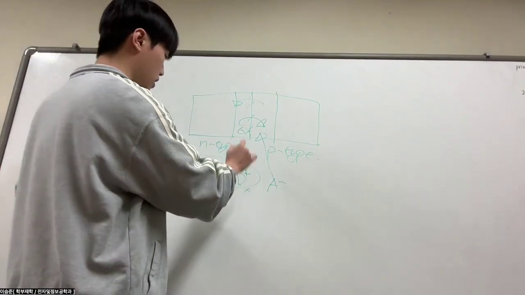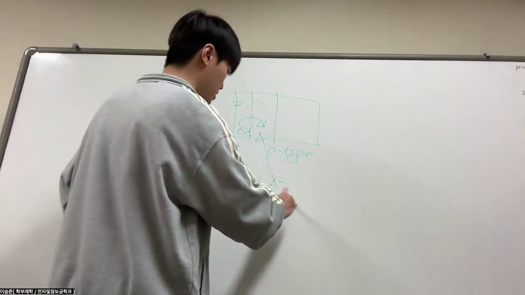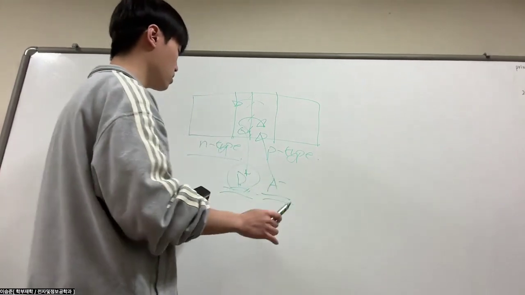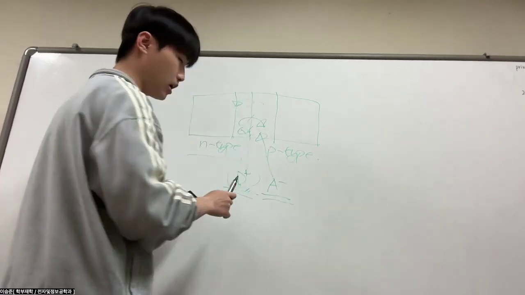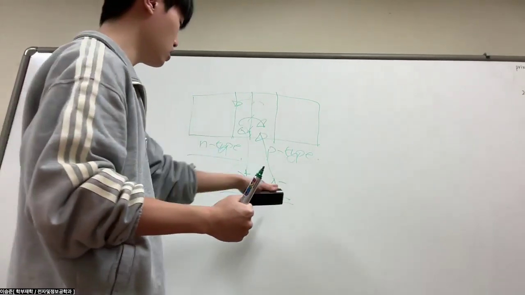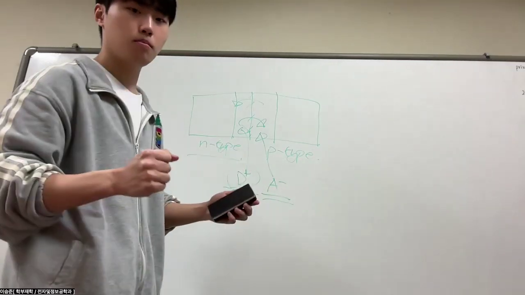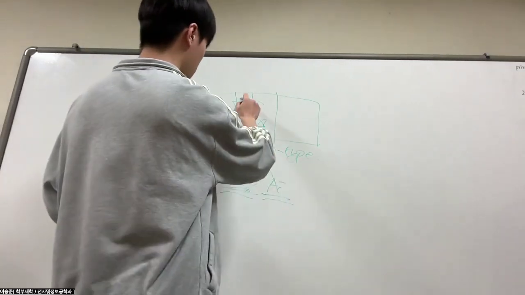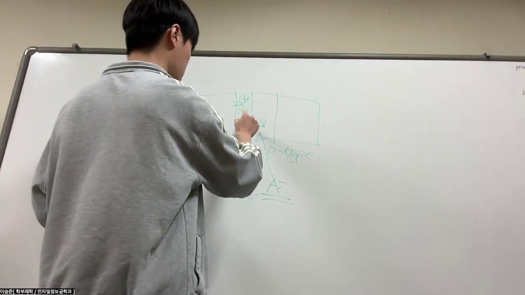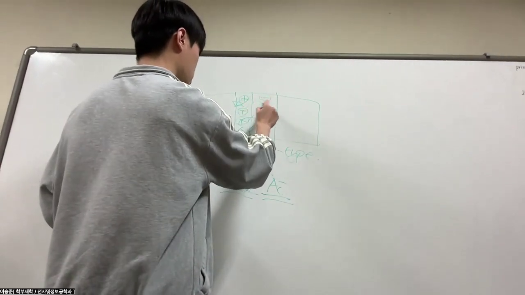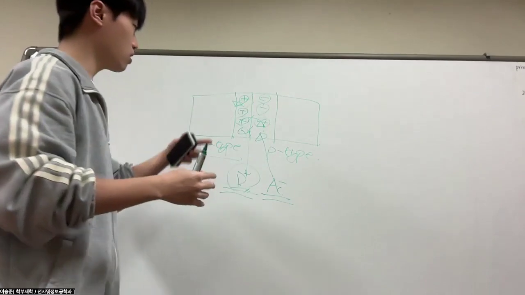But there are donor ions and acceptor ions here, and the donor ions have plus charge, and acceptor ions have a minus charge. So there are plus, plus, plus, minus, minus, minus.